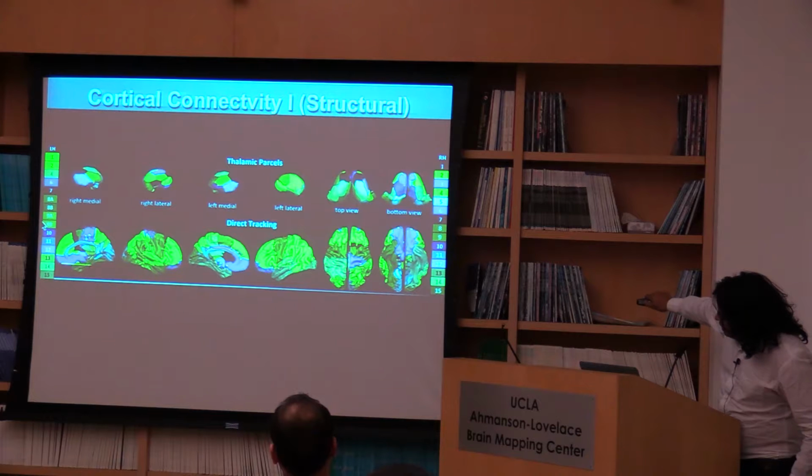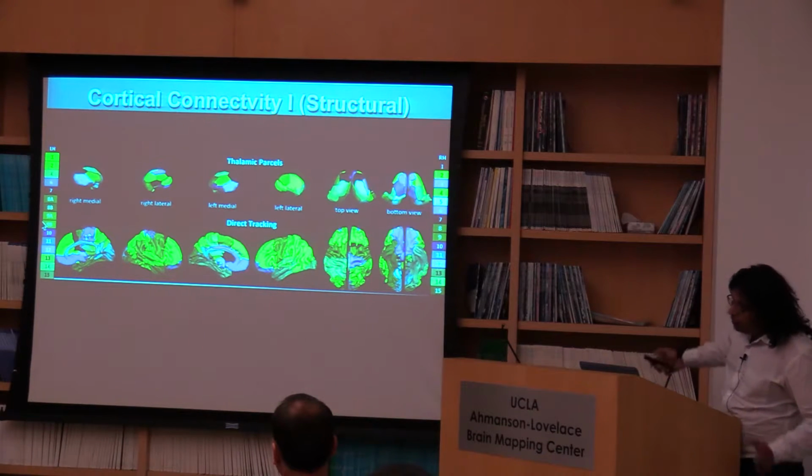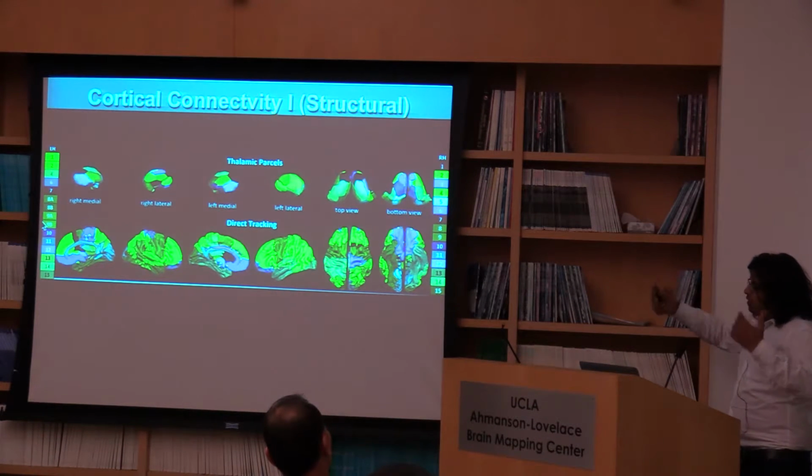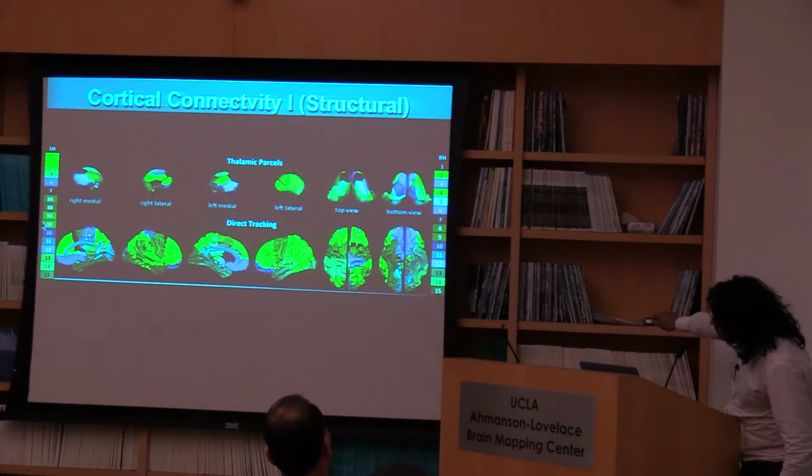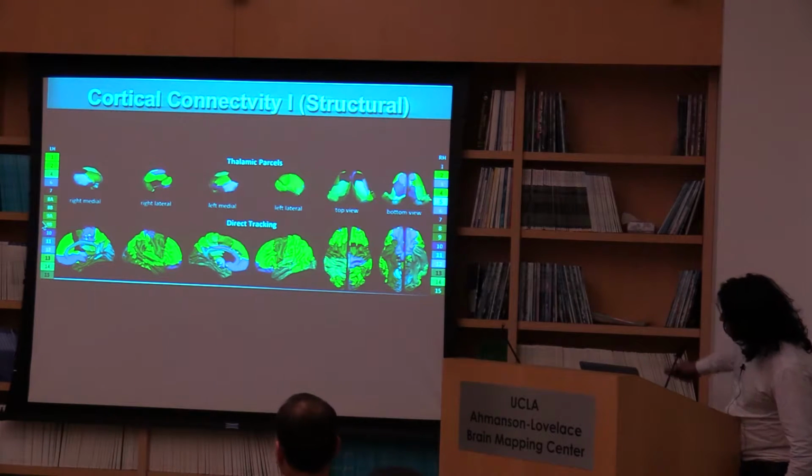And you can see results for the medial and lateral view for the right hemisphere, this is the left hemisphere, and combined views. You can see that these parcels project to specific cortical areas. And even though we don't tell where to go, they still nicely segregate the cortex. For example, visual cortex, temporal lobe, parietal, sensory, motor, and the frontal cortices.